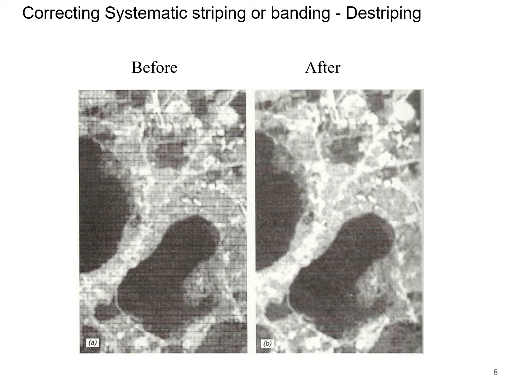So here's a before and after image of removal of the striping or banding, and you can see you get better results once they're removed. If you look in the water, you can see there's some residual effect, but it is much better. The water being the dark areas here.